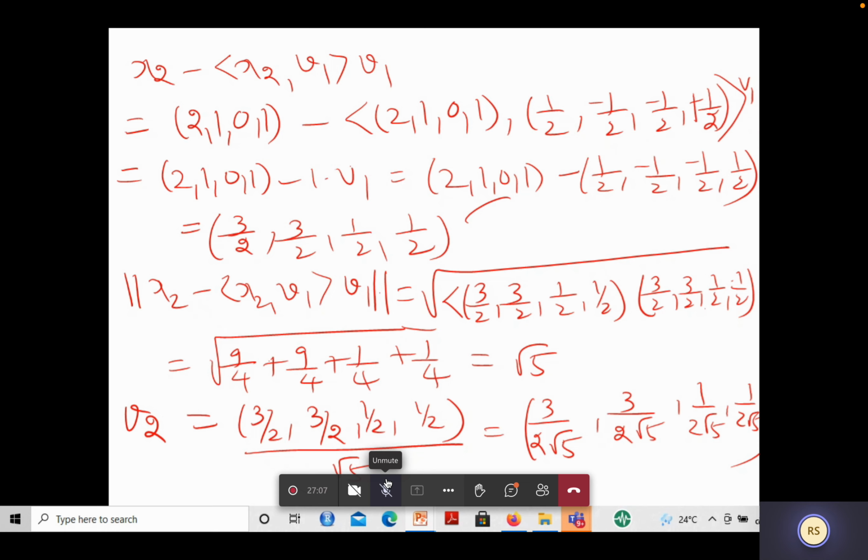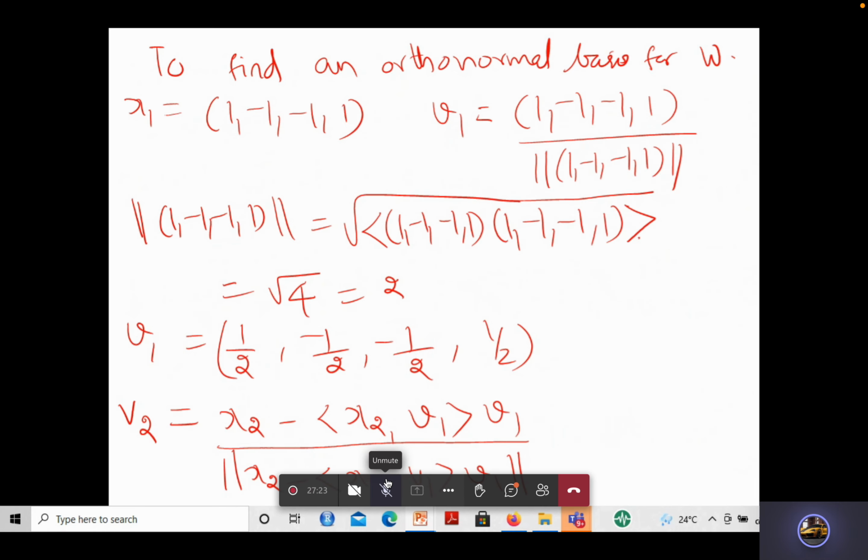Ma'am, can you show how 1 by 2? Which 1 by 2? Ma'am, in the second line. What should I show? I'm not able to understand. Ma'am, can you show the slide where we did 1 by 2? Oh, back slide. Okay, this one? Yes, ma'am. Okay, right.